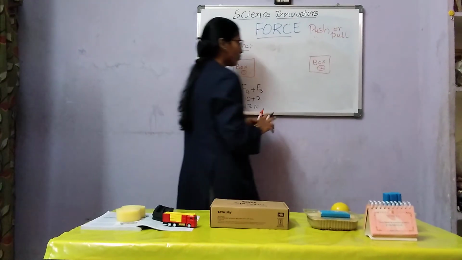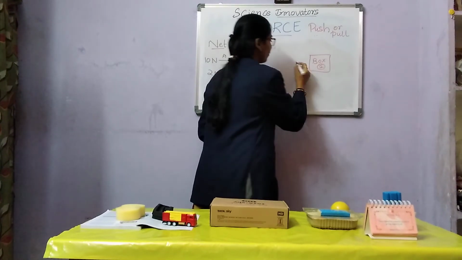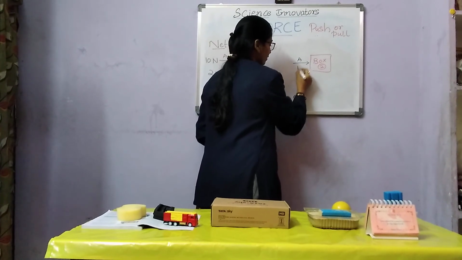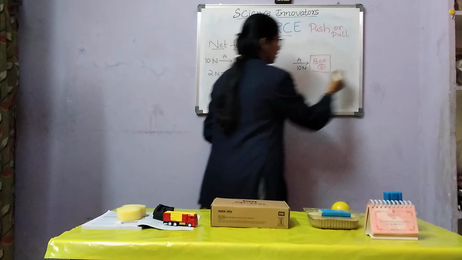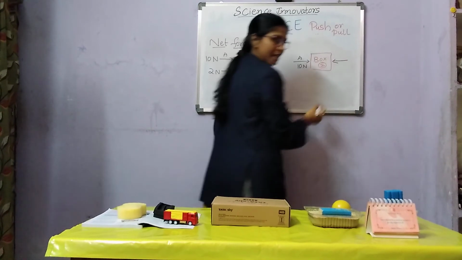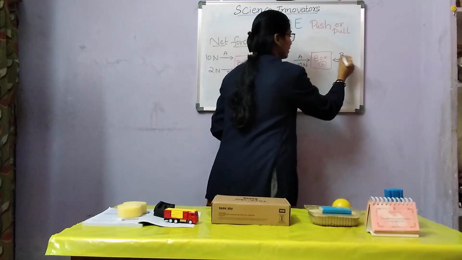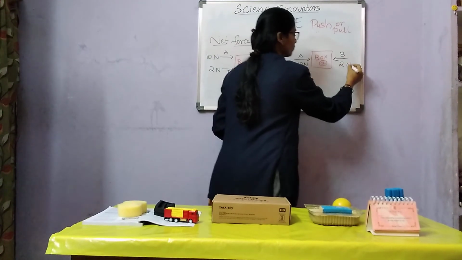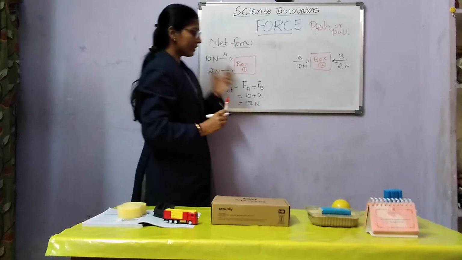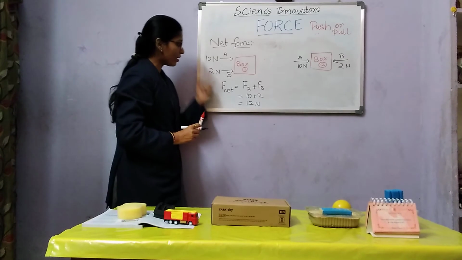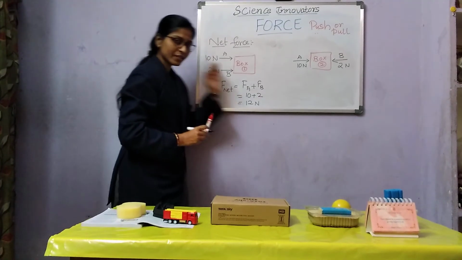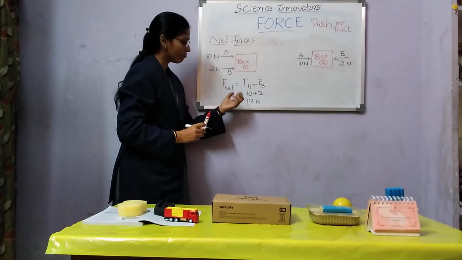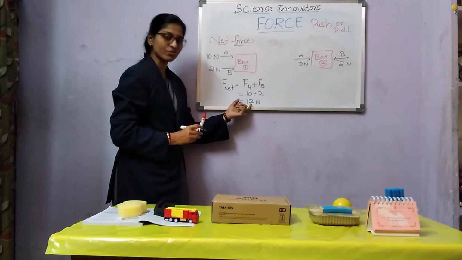Next we move on to the second box, where person A is applying 10 newtons of force and from the opposite side person B is applying, for example, 2 newtons of force. In the first example, A and B apply force in the same direction, hence we added them, and the sum is 12 newtons.